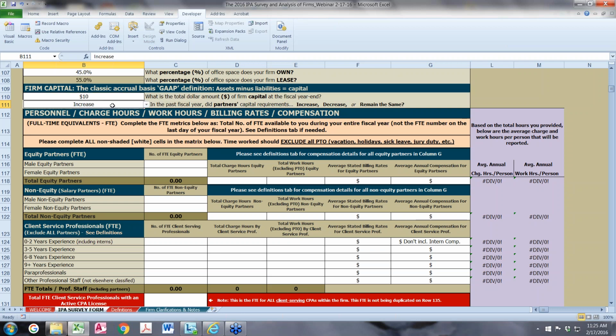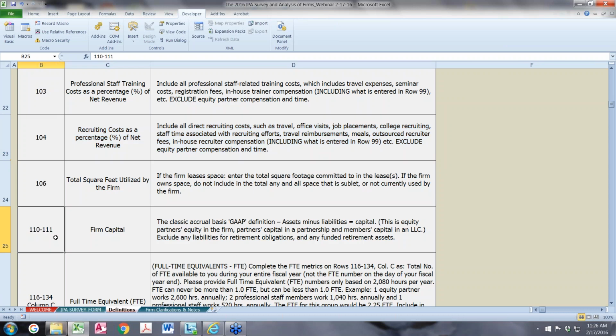If the net income of the firm was not 100% distributed to partners, but some of it was held back for increases in capital, then partners' capital requirements would have increased. Again, check the definition tabs on 110 and 111 for what we're looking for here.